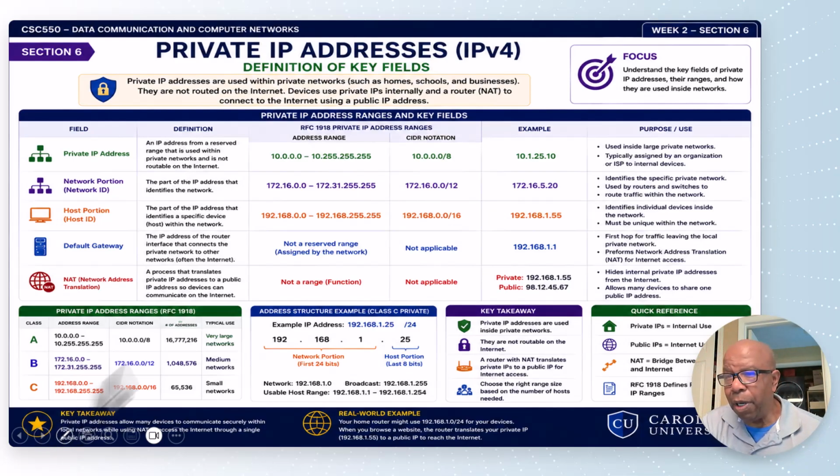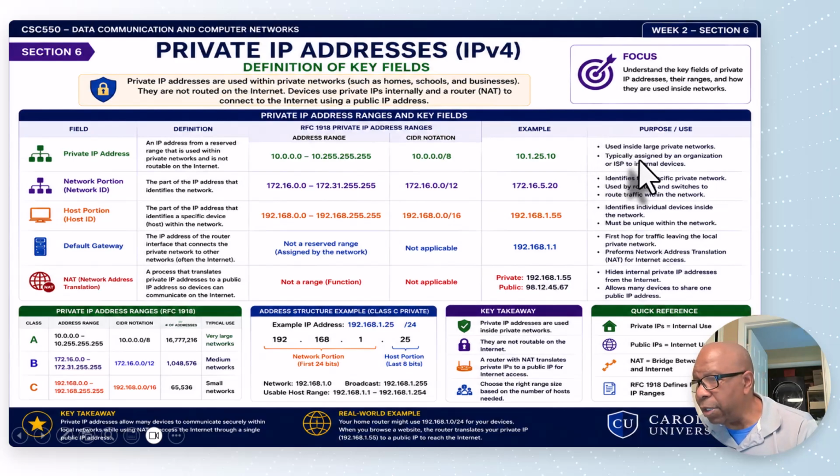Private addresses are used when private networks such as homes, schools, businesses are not routed to the internet. Devices use private IP addresses internally and a router to connect to the internet using the public IP address. So there's a conversion of the private address to the public address, and that's what we're defining here.